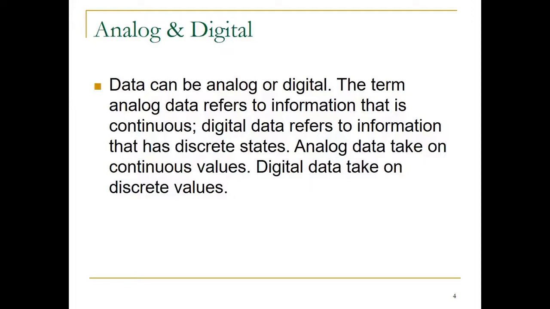In that case, signals at the digital level would definitely have a limited number of values that they can take on. Since digital data has discrete values, signaling at a digital level must take on limited values in terms of its representation. That's where you have your zeros and ones, as I mentioned.